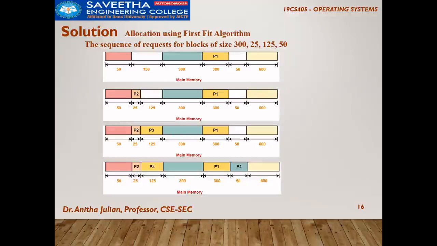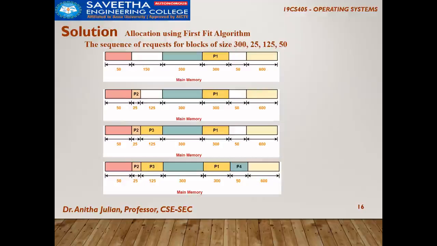Then next we take the next process, 25. We will start scanning. 25 can be fitted here, the first free location which can fit 25. So we put it into this 150 slot, 25 is fitted and 125 is remaining.